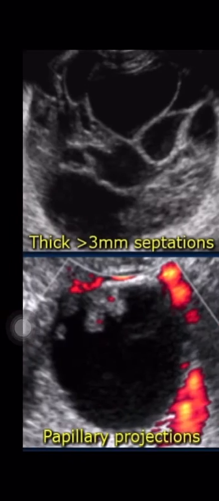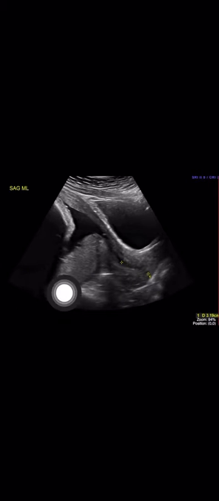You can see this is the femoral length assessment to detect the gestational age. Other point is the position of the placenta to detect placenta previa. This is the echogenic placenta. This is the cervix, and the placenta is covering the cervical os. So it is placenta previa.